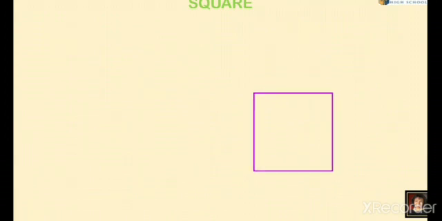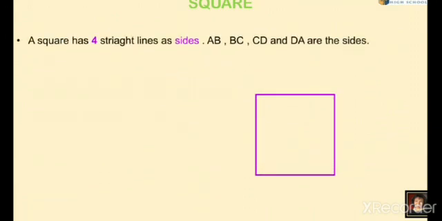We'll see the square in detail. Let's draw a square. A square has 4 straight lines as sides. Let's first label it. These are the sides of the square. They have 4 sides. Let's label it A, B, C and D. The sides are AB, BC, CD and DA.